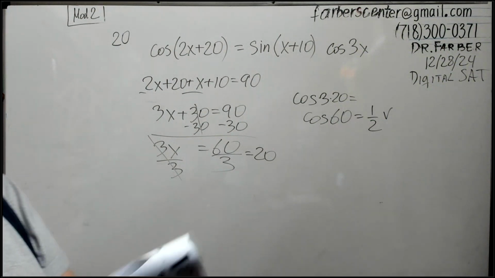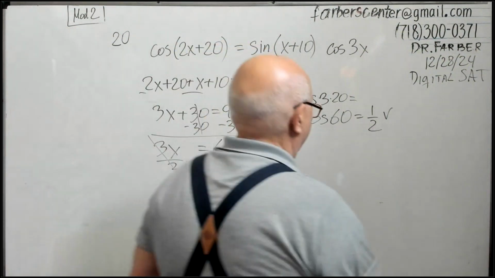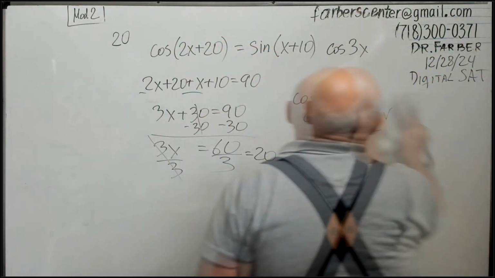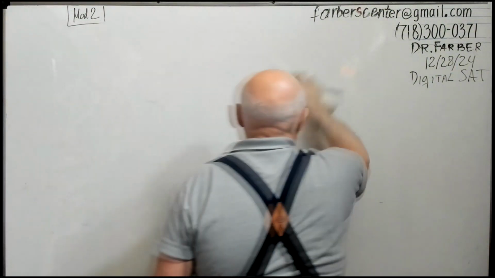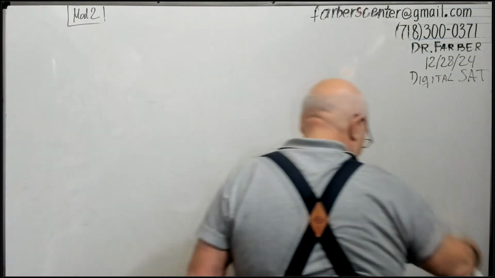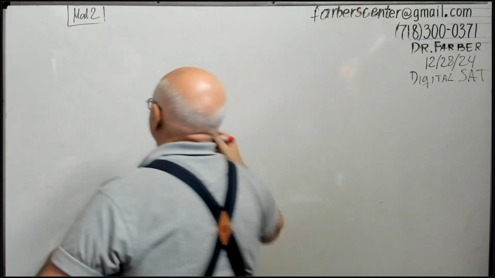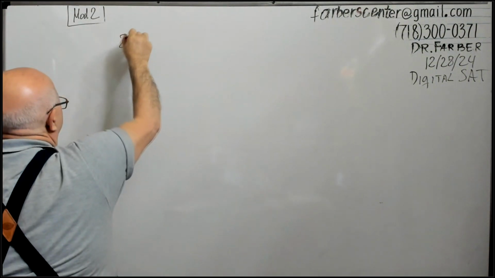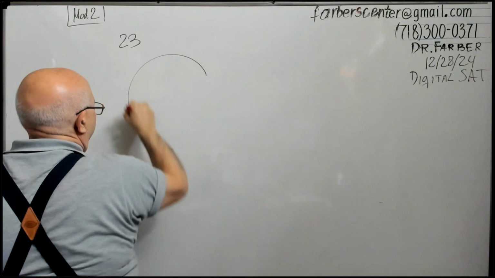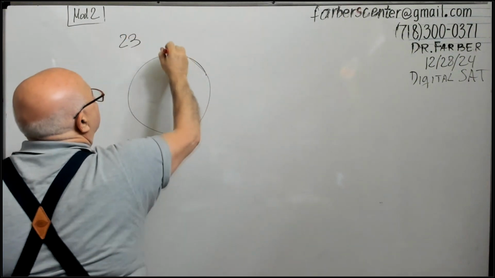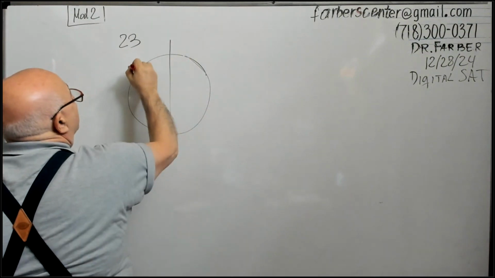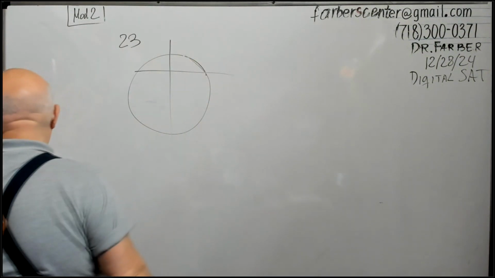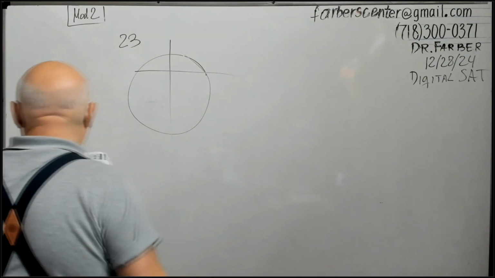And 23. You have a circle, kind of like this, and ACB.